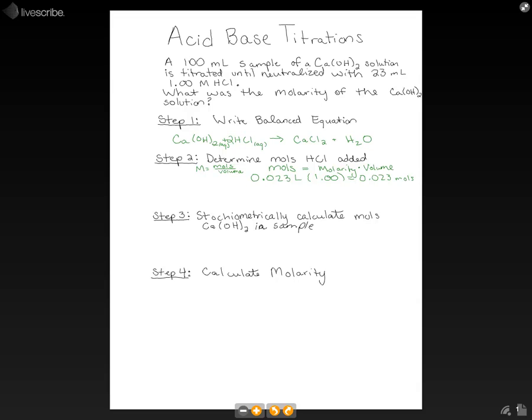So now that we know how many moles we have, we can stoichiometrically calculate the moles of calcium hydroxide in the sample. So if we start with our 0.023 moles HCl, we can do our conversion here using our balanced equation to show that it took 2 moles HCl to react with 1 mole calcium hydroxide.